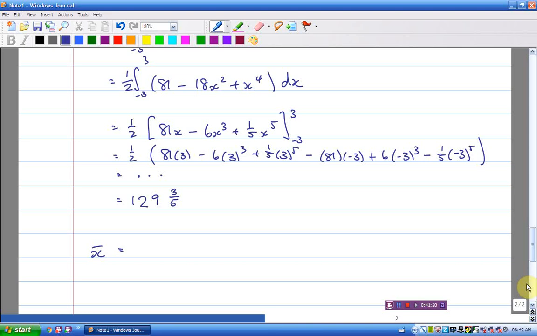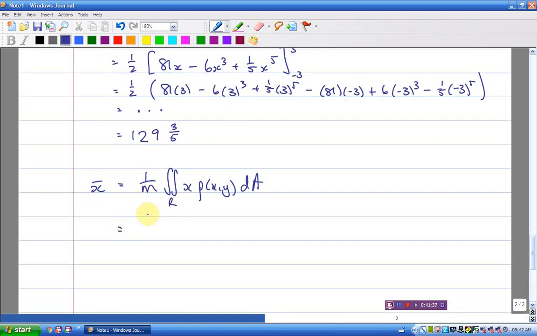This is very digressing. The x center of mass is 1 over m, double integral of x times density. So it's 1 over the mass, double integral xy dy dx, y going from 0 to 9 minus x squared. Sorry, my handwriting is degrading here.